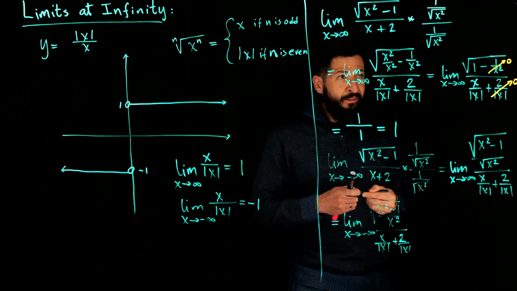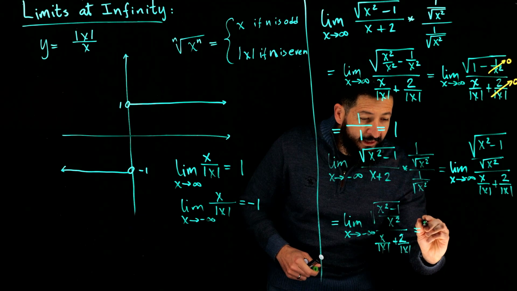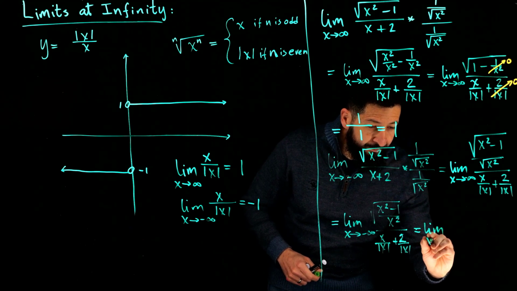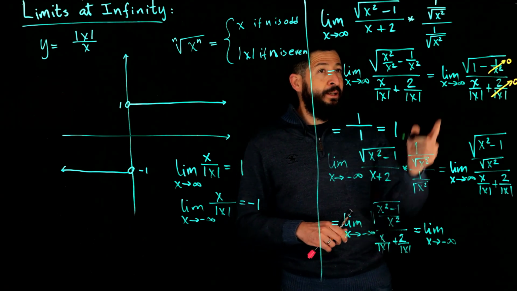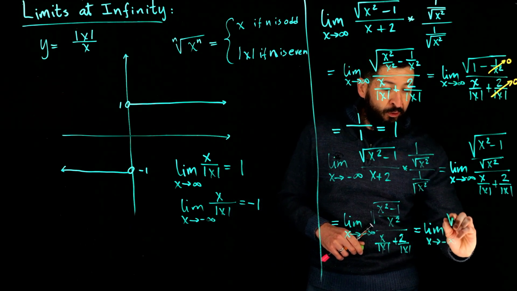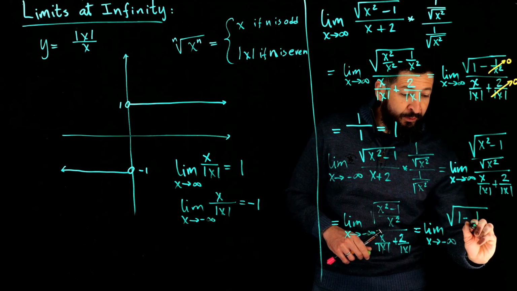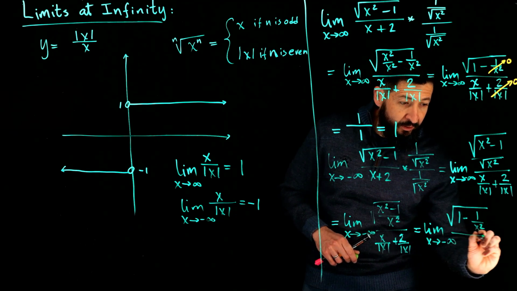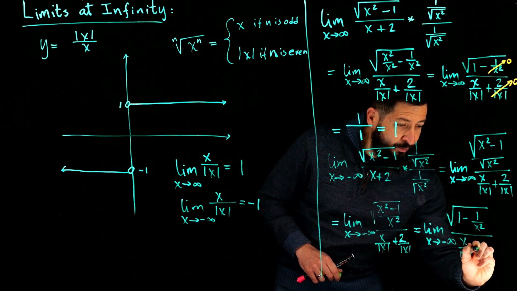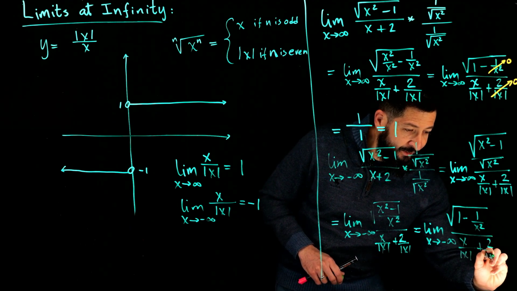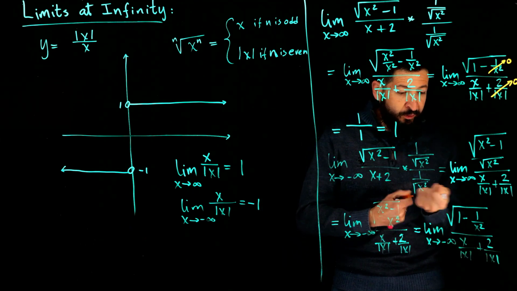And now the difference is that whenever we get our limit going to negative infinity instead of to positive infinity, we would have the square root of 1 minus 1 over x squared, over x over the absolute value of x plus 2 over the absolute value of x. And in this case, this would go to 0 as well.